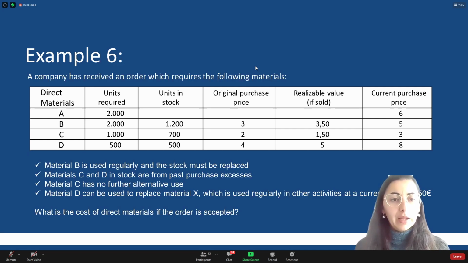What it will imply in terms of future cash flows is what I will have to buy to replace this. And when I buy the 1,200 to replace the existing 1,200 that I already have, I will purchase them at 5 euros per unit.